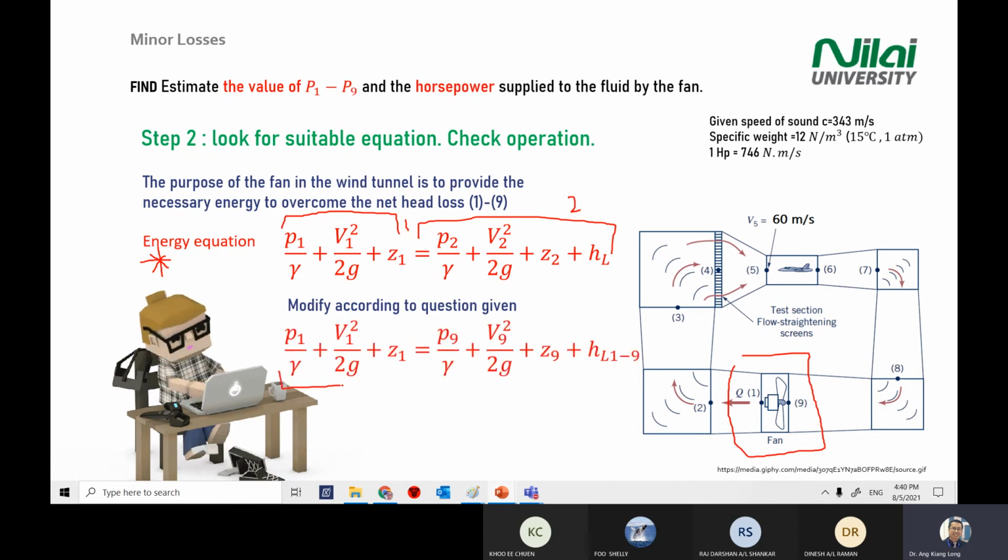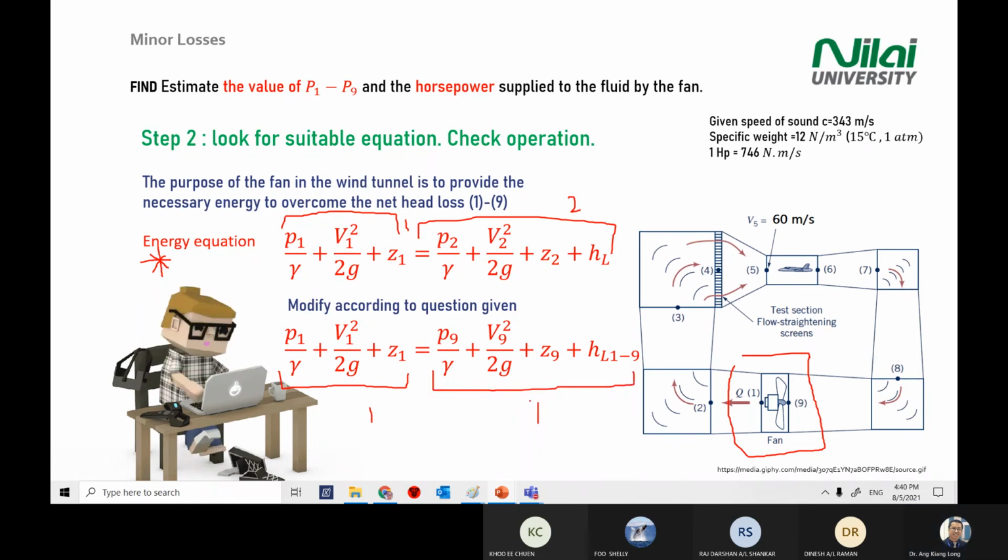You are comparing point 1 and point 9, because the question asks you about the pressure changes between point 1 and point 9. So how do you modify? You keep the left side for point 1, and for the right hand side of the equation, you compare the other point.